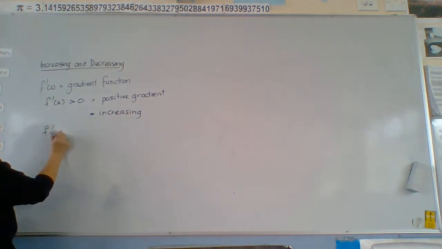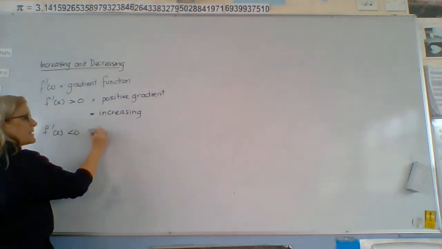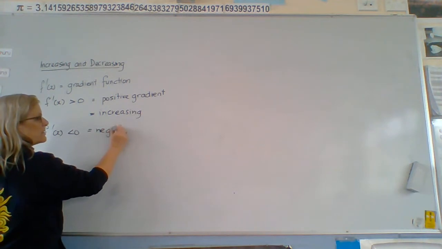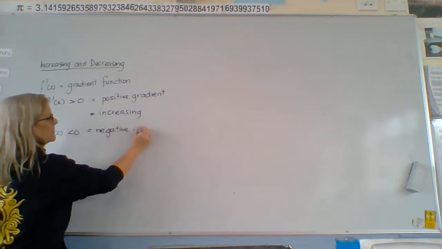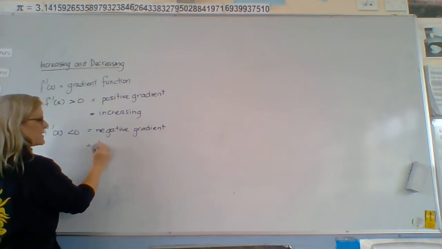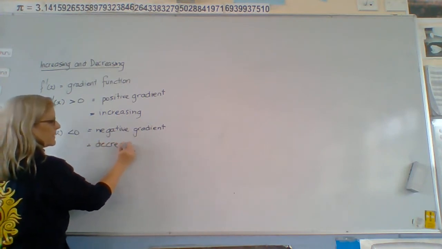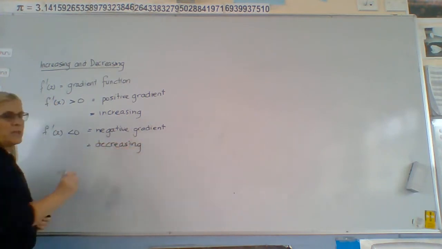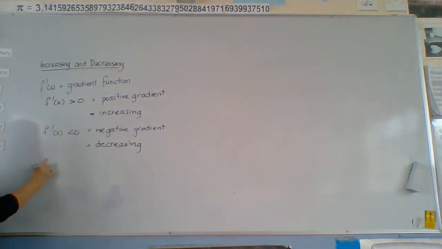And the opposite. If it's less than 0, it's a negative gradient, and therefore it's decreasing. So that leaves one other option, and that is if it is equal to 0.